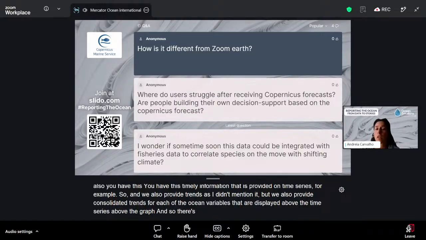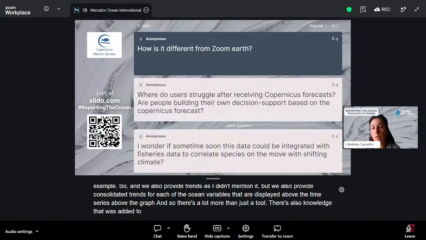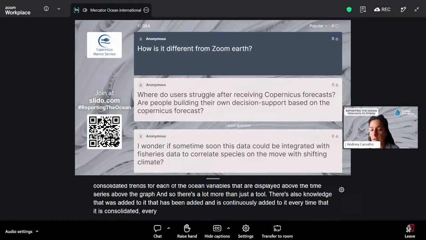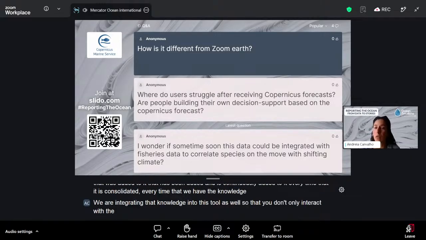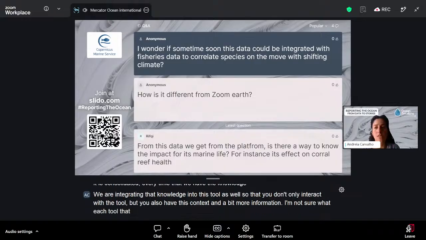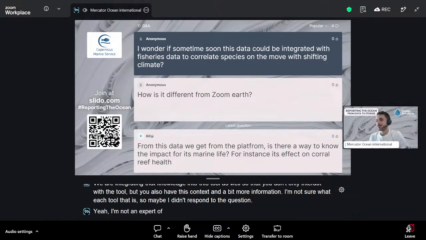So there's a lot more than just a tool. There's also knowledge that has been added, and is continuously added, every time the data is consolidated. We integrate that knowledge into this tool as well, so that you don't only interact with the tool, but you also have this context and a bit more information. I'm not sure which tool that is, so maybe I didn't respond to the question. I'm not an expert on Zoom Earth, but I just know it exists.